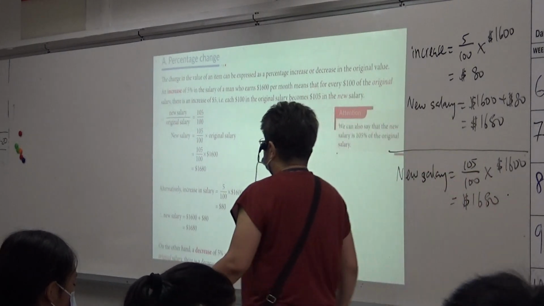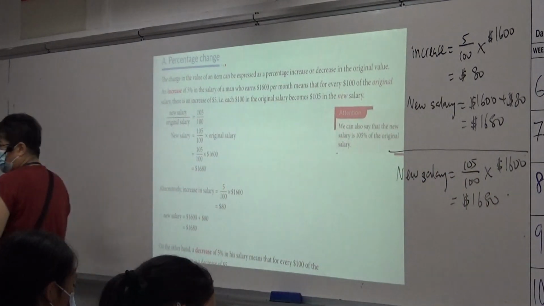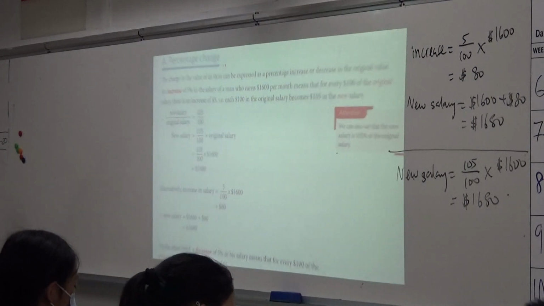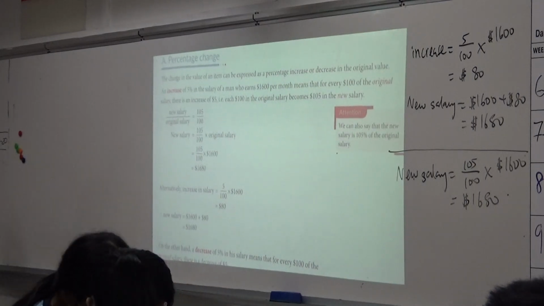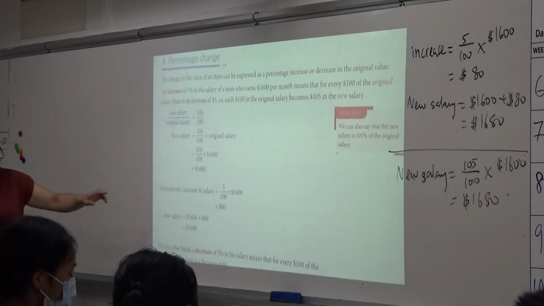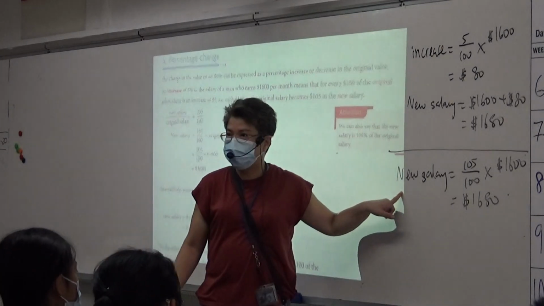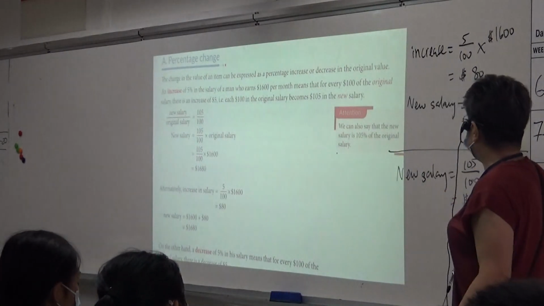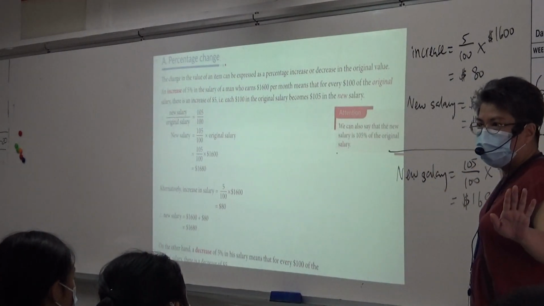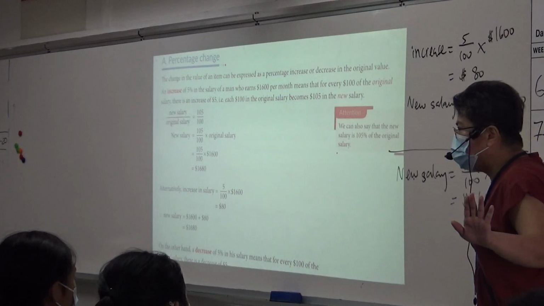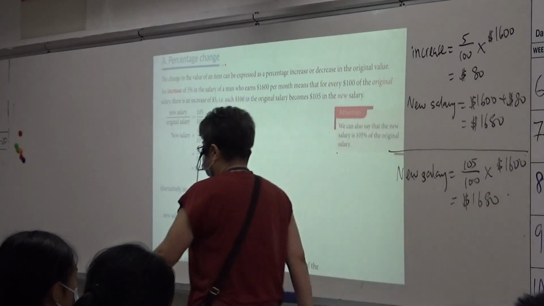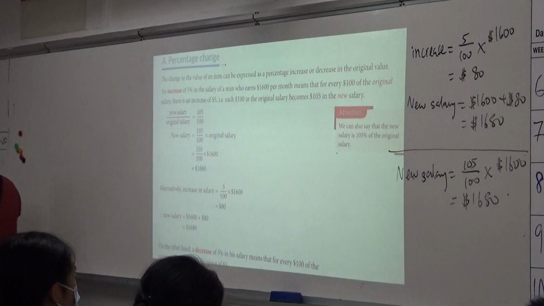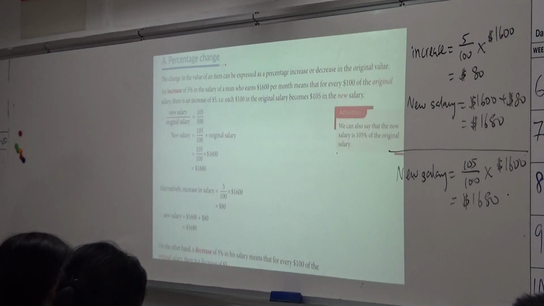Straight away, you'll get a 1680. So, either method will do. Understand? But for you, I think it's better to use this one. It's faster and easier to get the answer. But if you prefer this method, by all means, it's okay. It doesn't matter. Are you clear? Okay? Alright, so this is the first step to page 15.